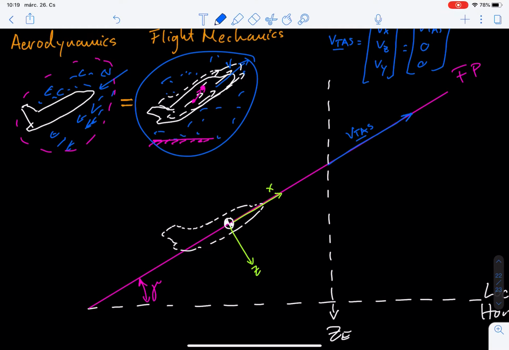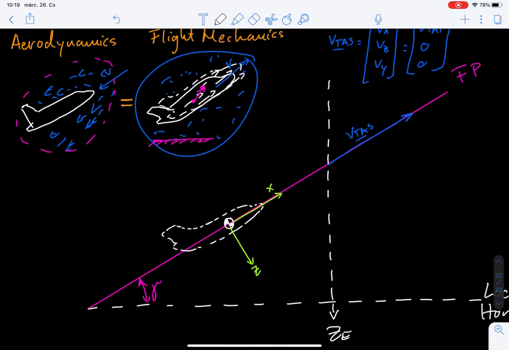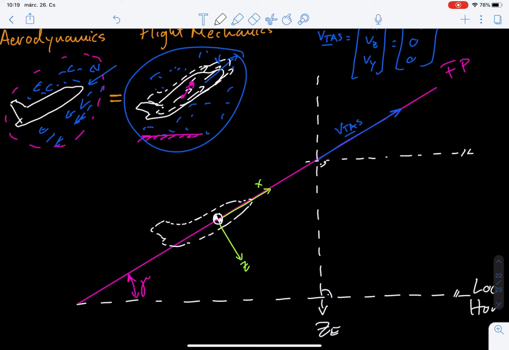Okay, but what if I wanted to look at the components in the local horizontal? So this would be two perpendiculars, right? So this axis is parallel with this one, so this is also a local horizontal, and I also have a local vertical, right?